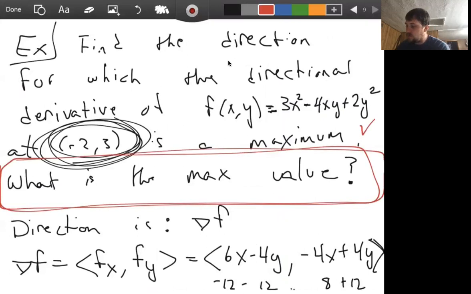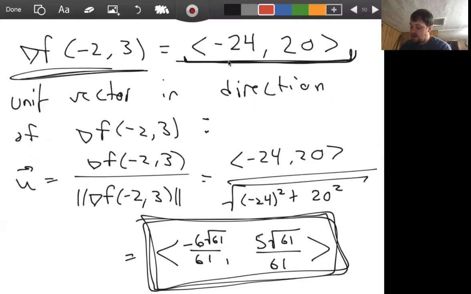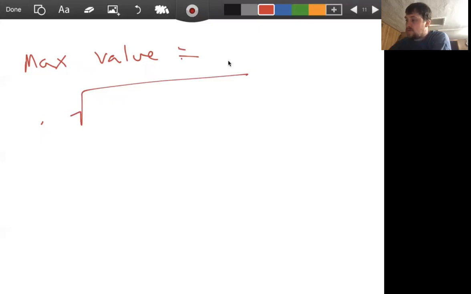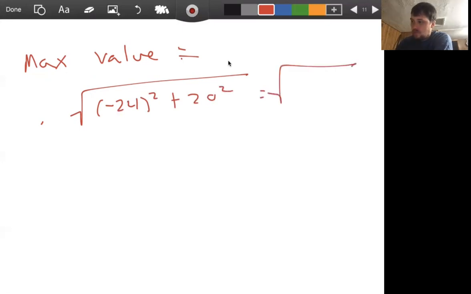Well, the maximum value is the magnitude of the gradient, which is this piece down here. And so we can calculate this, right? It's equal to root, well, negative 24 squared plus 20 squared, which if you use a calculator or multiply it out, you'll get root 976, and this can be simplified to 4 root 61.